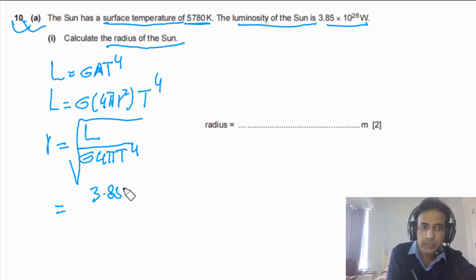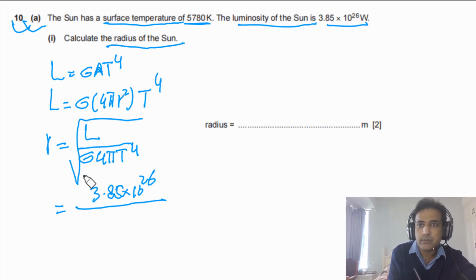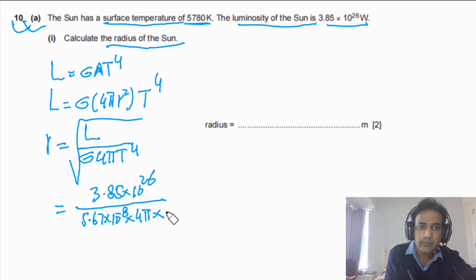Luminosity is 3.85 times 10 to the 26, divided by sigma, which is 5.67 times 10 to the minus 8, and here we have 4 pi, and the temperature, which has to be in Kelvin, is 5780.